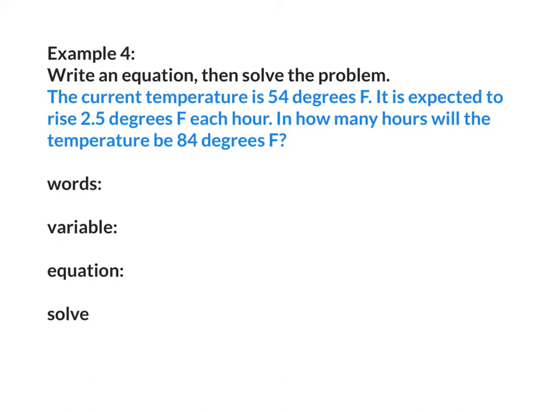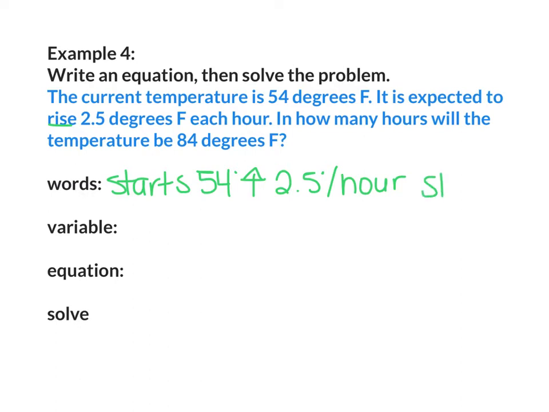Example 4. Write an equation, then solve the problem. The current temperature is 54 degrees Fahrenheit. It is expected to rise 2.5 degrees Fahrenheit each hour. In how many hours will the temperature be 84 degrees Fahrenheit? So I'm going to start writing this with words. I know that it starts at 54 degrees, and the word rise is telling me that it's going to increase 2.5 degrees per hour, and it's going to stop at 84 degrees.